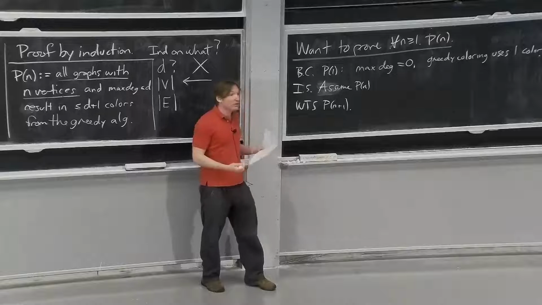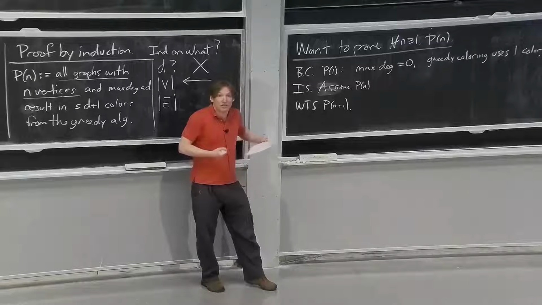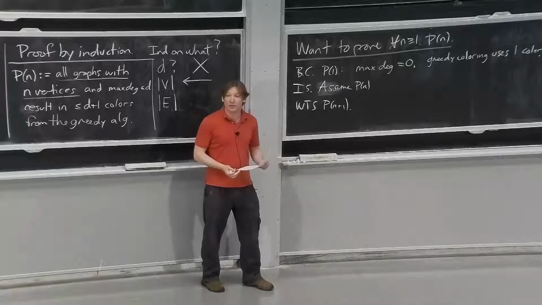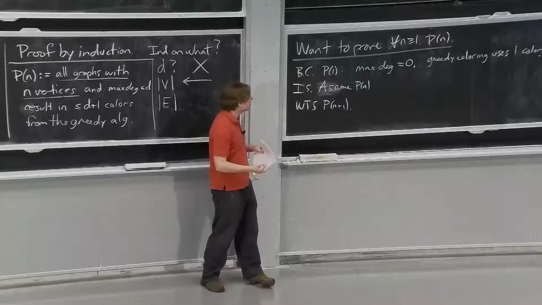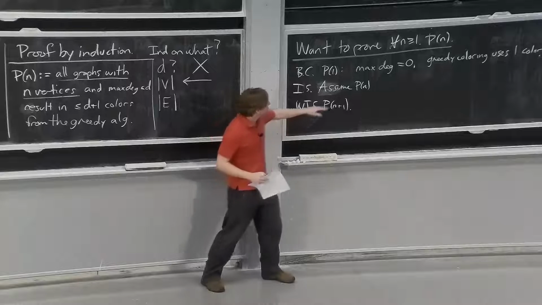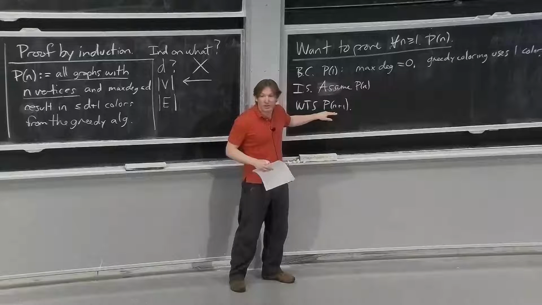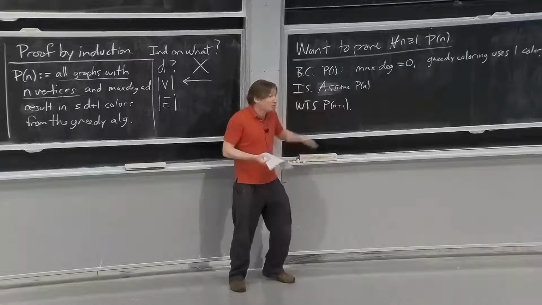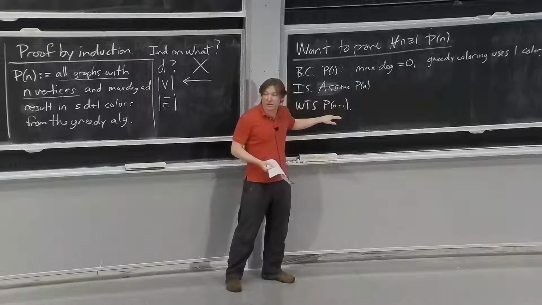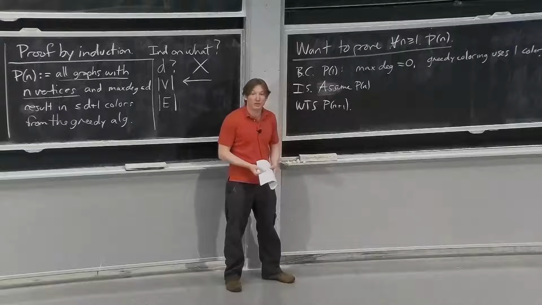And I really want to emphasize induction on graphs is using regular induction in the way we're used to. We're not changing the rules here. What changes is that what it means to prove P of n implies P of n plus 1 is a little different from what we're used to. We're still proving that P of n implies P of n plus 1, because that's what induction tells us to do.